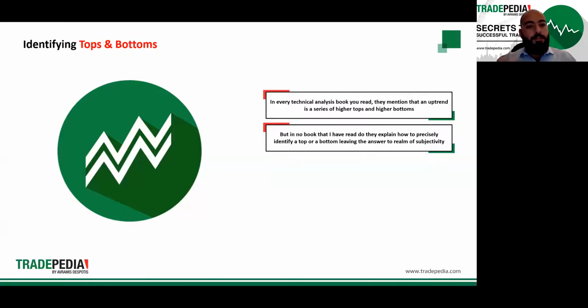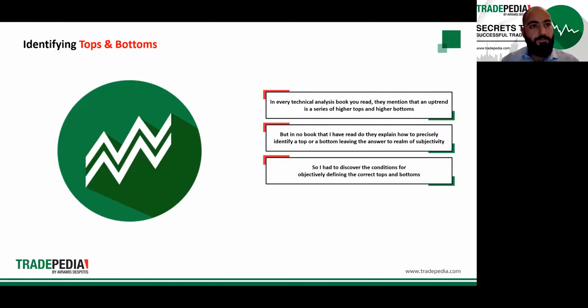We set the conditions to objectively identify the correct tops and bottoms in the market, which will make our life easy in identifying the trend. So this is the most important thing about this indicator. The best thing about this indicator is that it automatically identifies the correct tops and bottoms in the market.